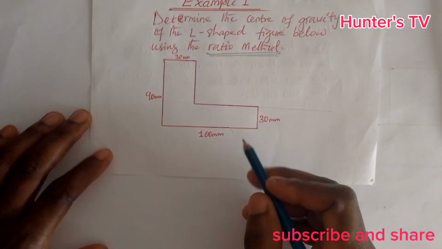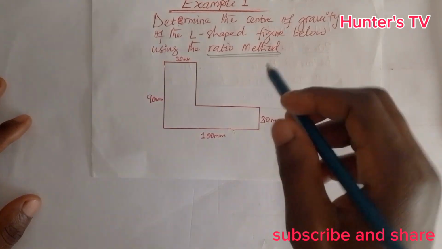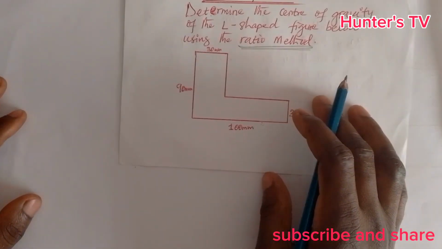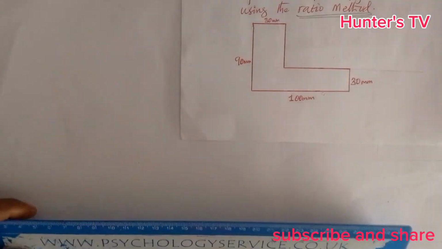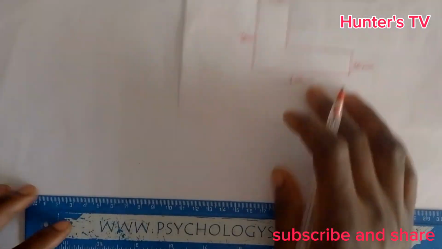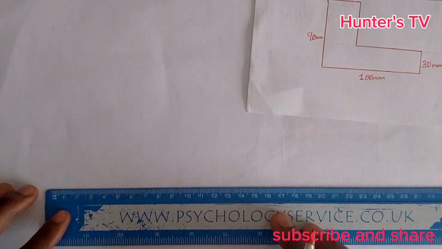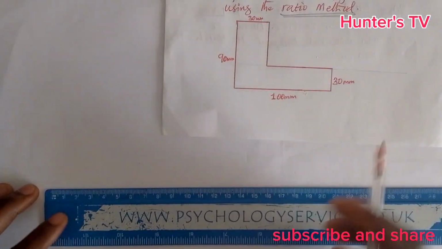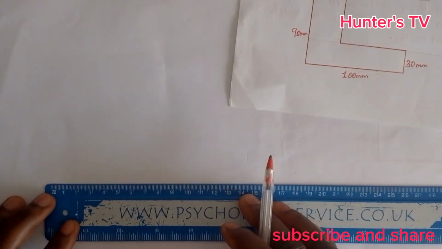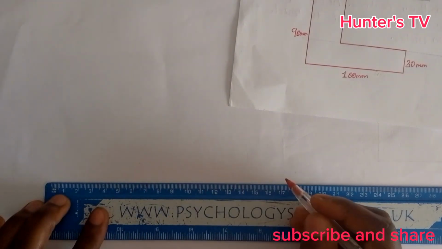So to begin with, you have to draw the shape. You draw the shape to full size using the given dimensions. So let's start. We draw this side first, the 100 millimeters base.